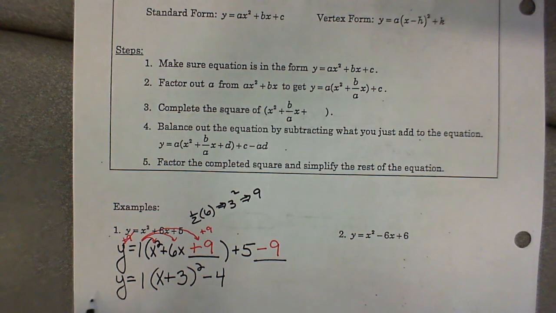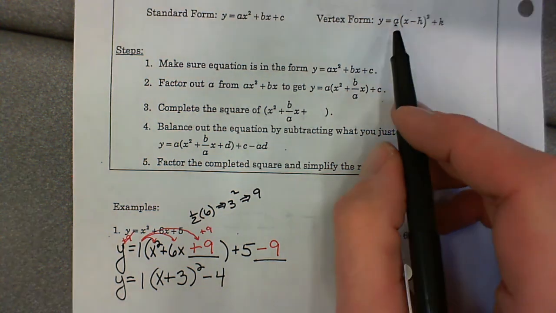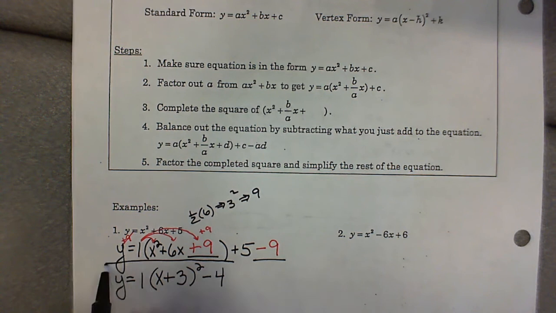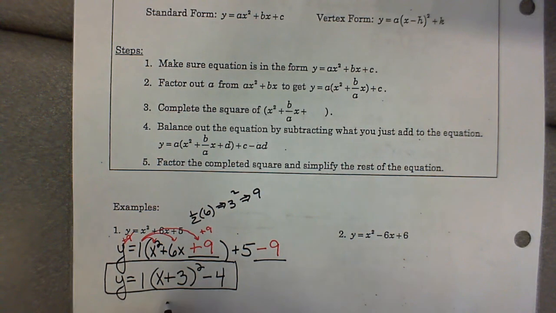Well, look. This is vertex form. We've got our a, our h, and our k. So this is your final vertex form. If you wanted to know, your vertex is the point -3, -4, because remember, the x is opposite, the y value is the same.